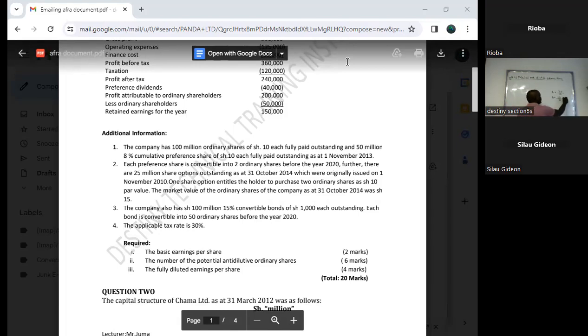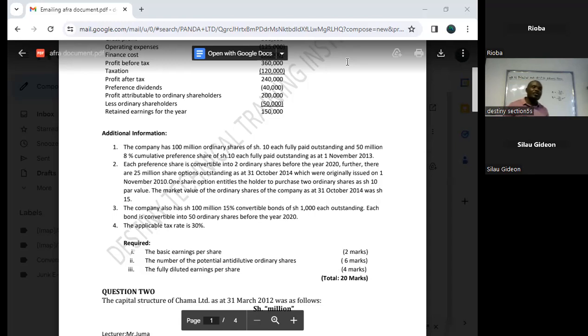B is dilutive. So the opposite means anti-dilutive. The one giving you more profits, less shares is anti. Anti is increase. Whatever is increasing your EPS is called anti-dilutive. The one which decreases, the way you are telling me, this one is dilutive.